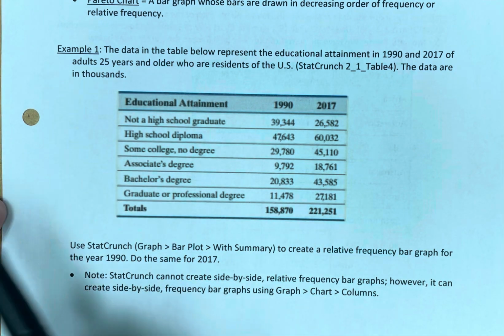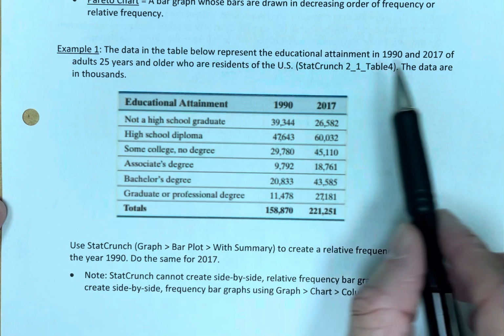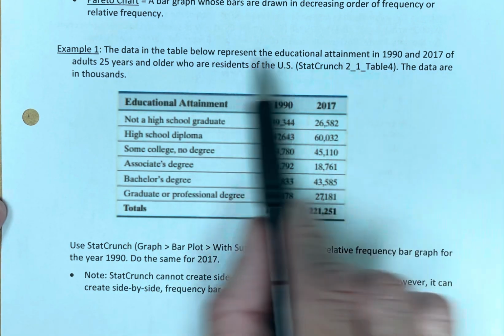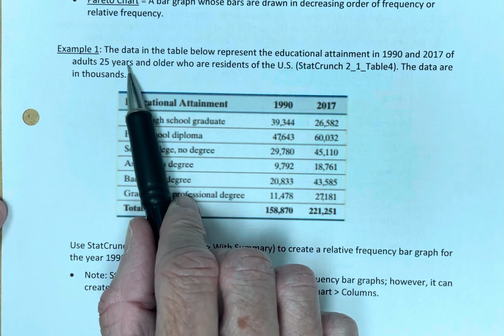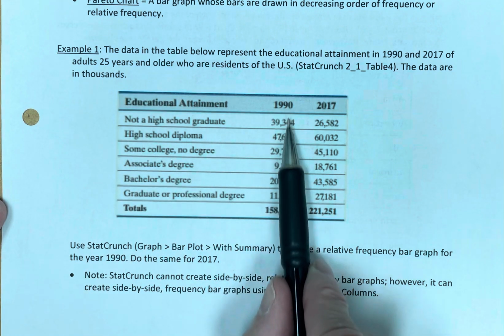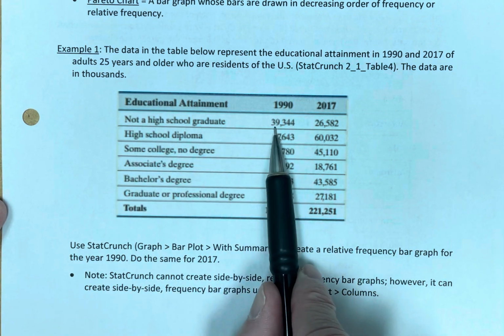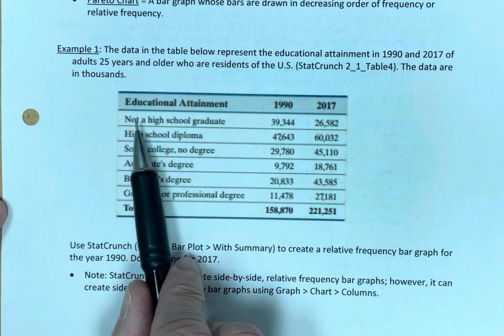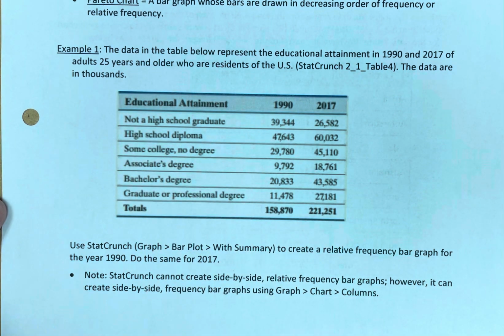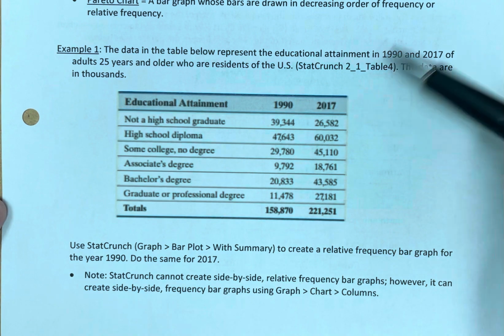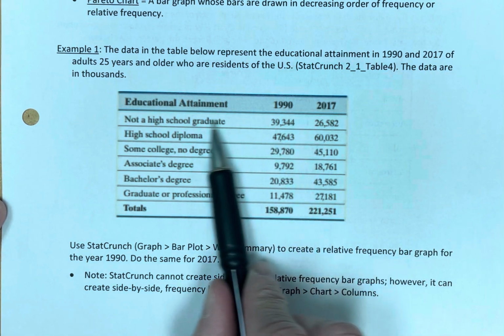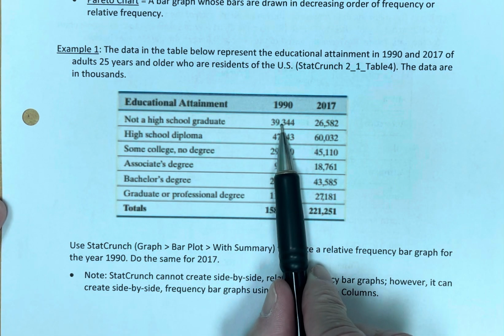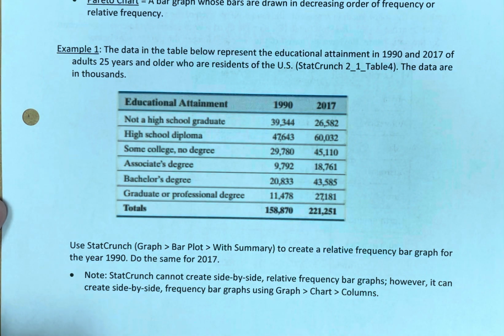The data are in thousands. So, for adults 25 years and older who are residents in 1990, 39,344 of the sample were not a high school graduate. In 2017, that number dropped, according to this, from 39,000 to 26,000 approximately.